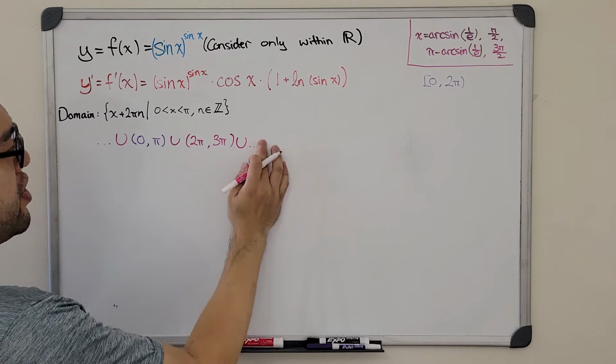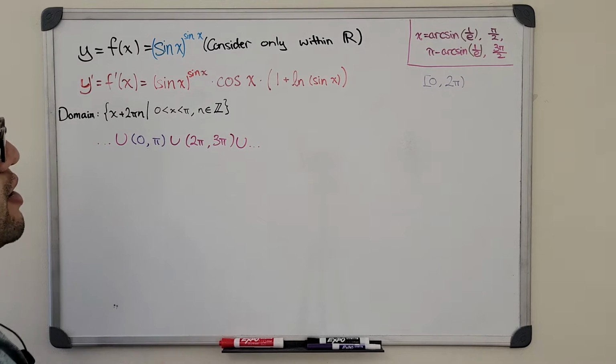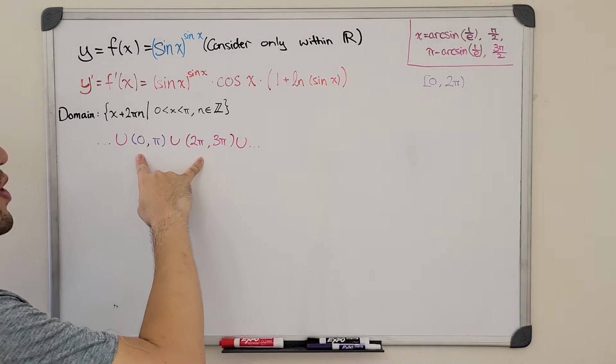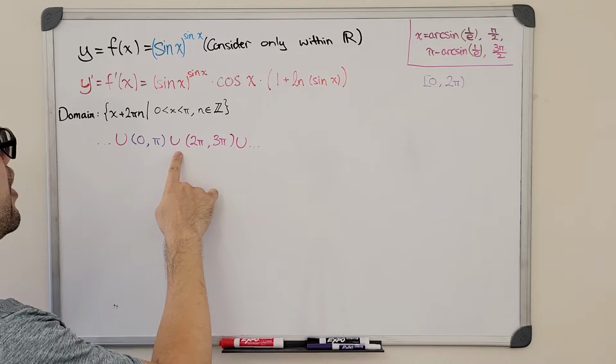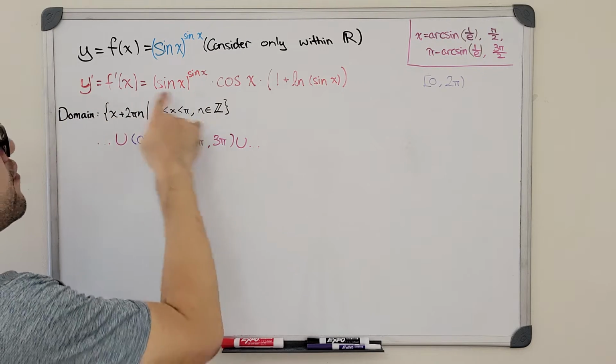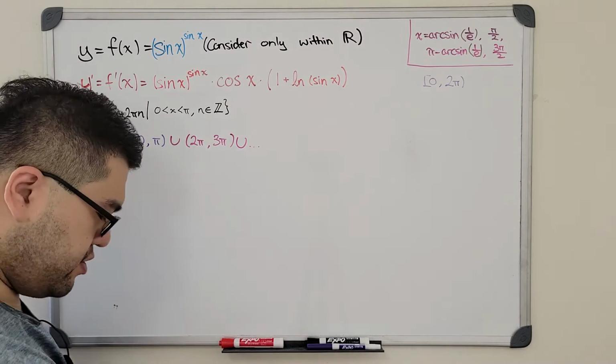So what does that mean? It means that 3 pi over 2 is right in between, but it is not inside our domain because it is not belonging to any of the intervals that are part of the domain that we have here.